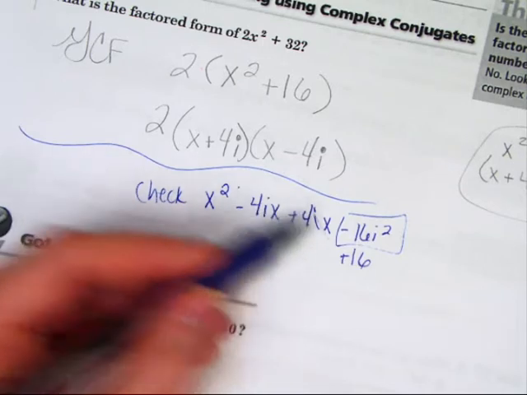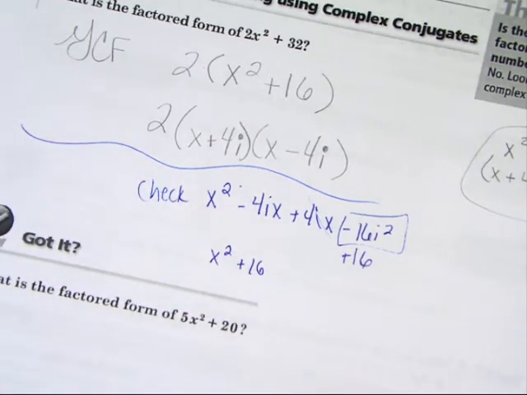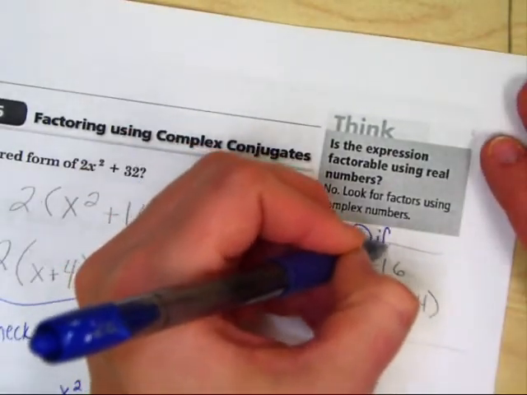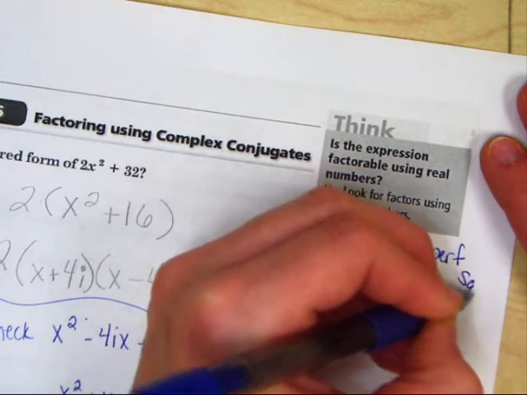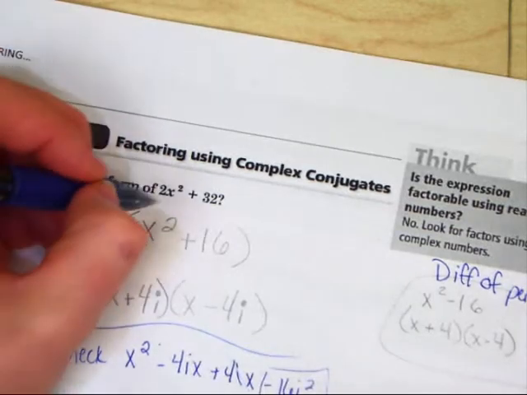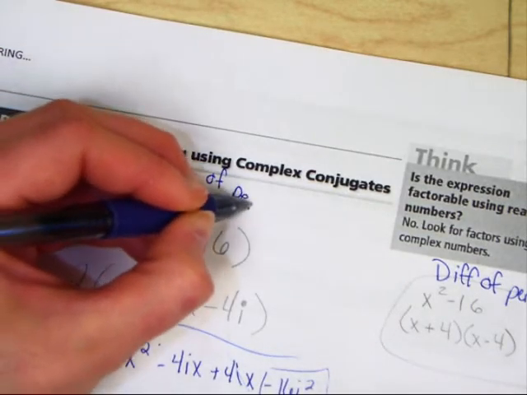The 4ix terms cancel out, and that proves that you would get x squared plus 16. So far, you've always heard of it called the difference of perfect squares, and you know how to factor those. But today you learned how to do the sum of perfect squares.